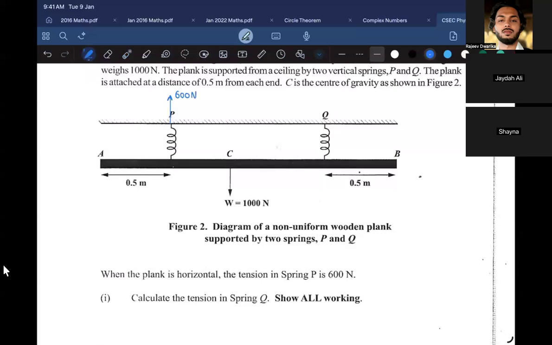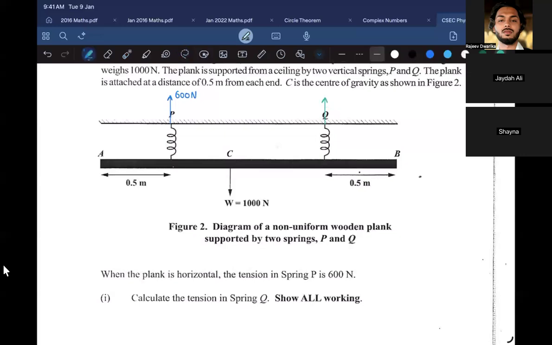Now, for a system to be in equilibrium, what do we know about the forces? The total amount of upward forces are equal to the total amount of downward forces. Correct. So you have an upward force over here, and wouldn't you also have an upward force over here? Because that's another spring. Yes.